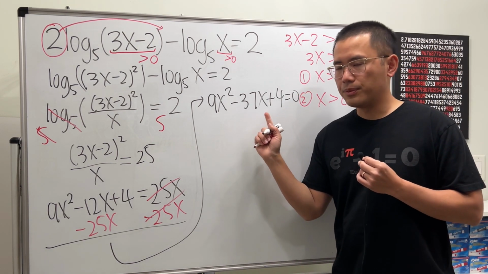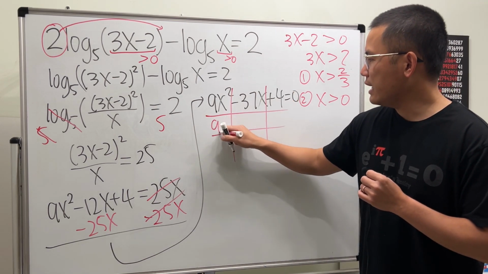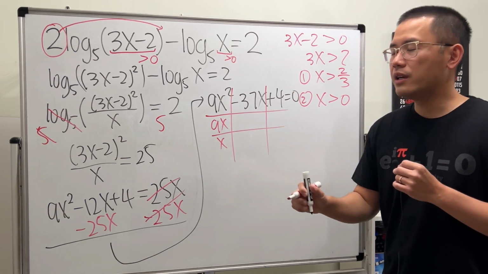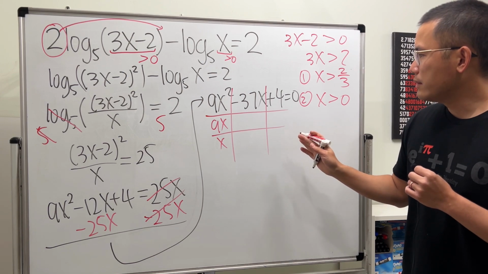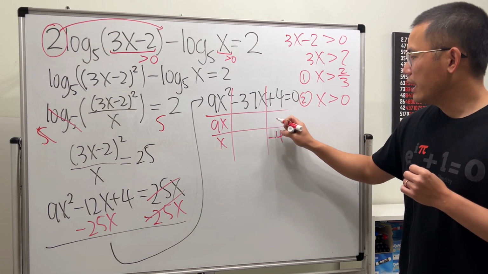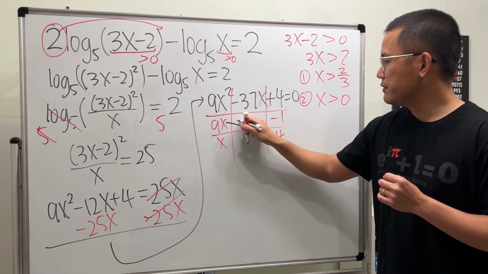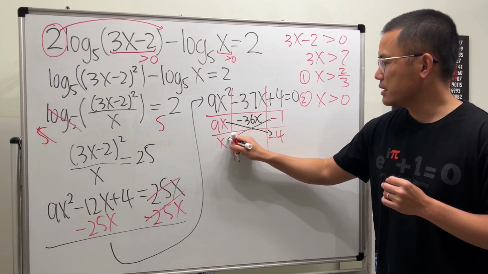And I think this is factorable because we can see that if we do 9x times x, that will give us 9x squared. And if I do 4 and 1, but both of them have to be negative, and I will put negative 4 here and negative 1 here, and you will see this times this is negative 36x, and this times this is negative x.